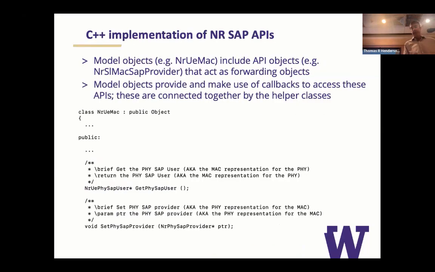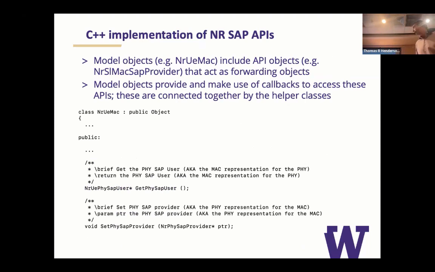And so what this looks like in C++ is that, for instance here, these model objects that are implementing the functionality that we're talking about, like the NR UE MAC layer, include these API objects that act as forwarding objects. And these are all tied together using callbacks to access these APIs. And the classes known as the helper objects that exist in the helper directory are the ones that make all of the connections during simulation setup time.